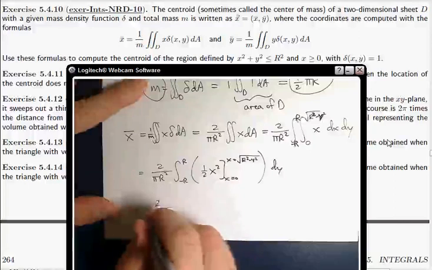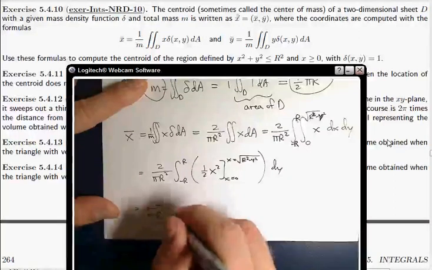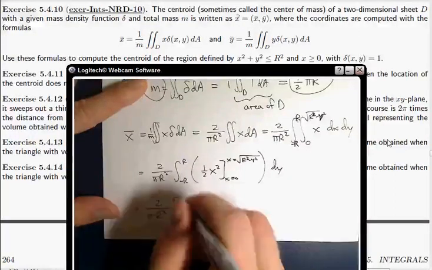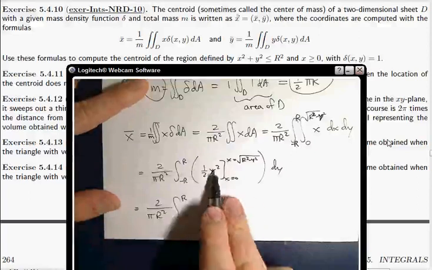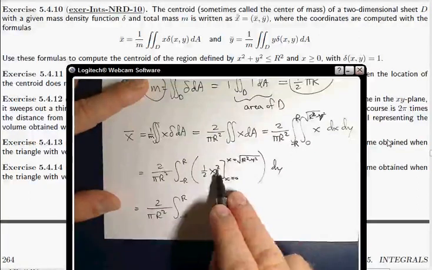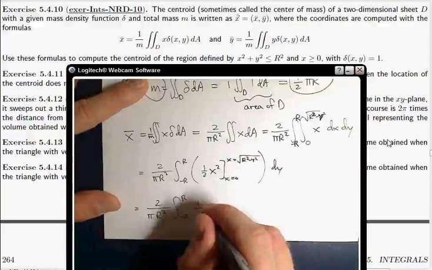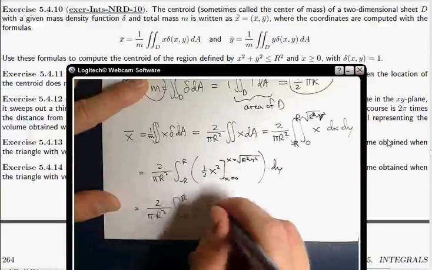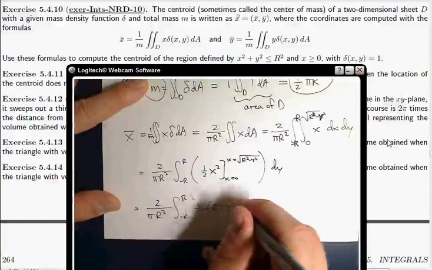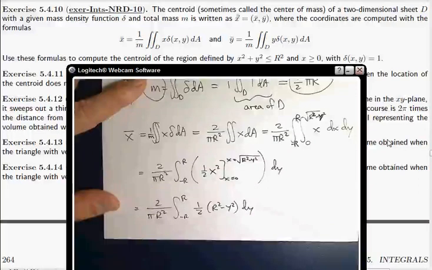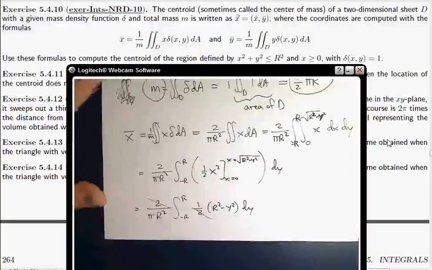Plug in 0, you get 0. Plug in this square root, that kills the square, and altogether you get just 1/2 (r squared minus y squared). You can kill the 2's, and now you just have a single variable integral. Does that make sense?